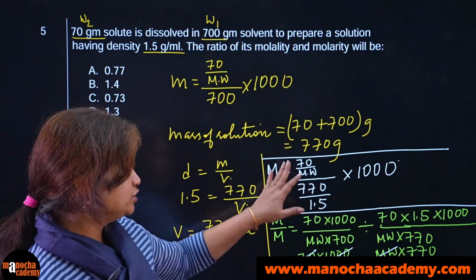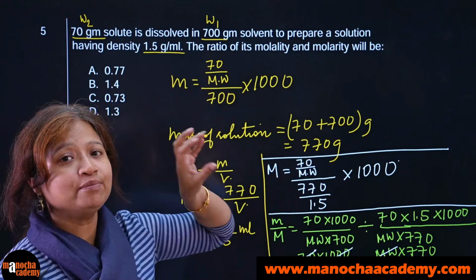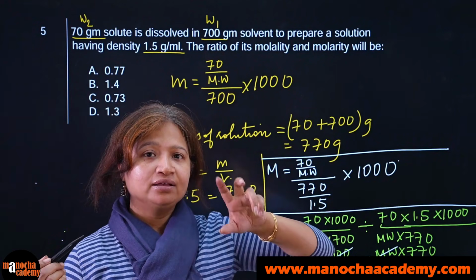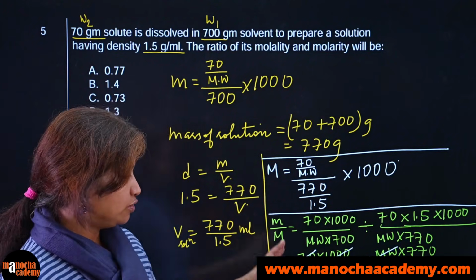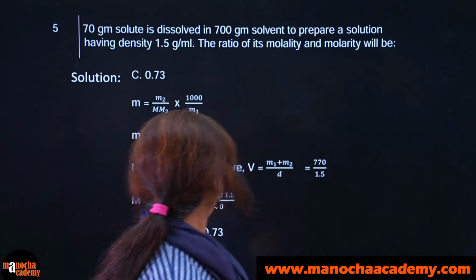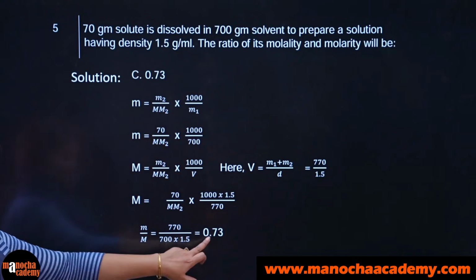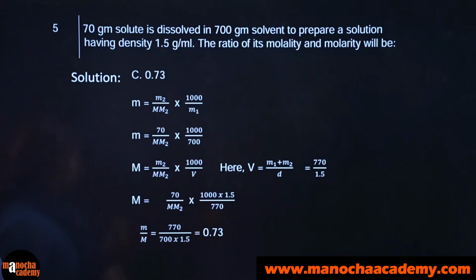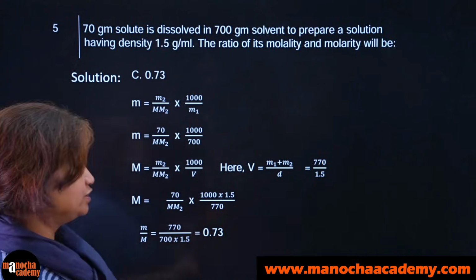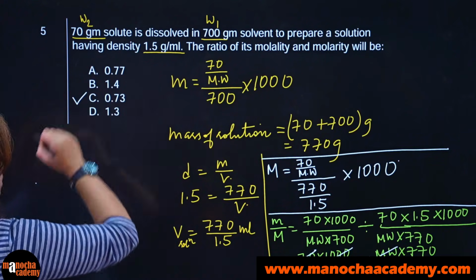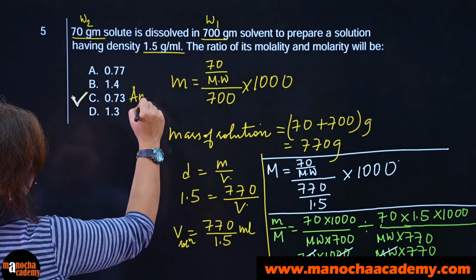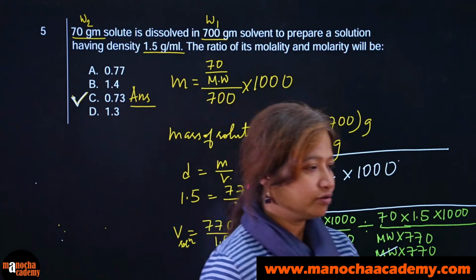Instead of calculating molarity separately and then doing it at the end, that is what I prefer. After doing this, if you calculate it, you will get the answer as 0.73. So in this case, the answer is 0.73. You see, MCQs are not very simple.